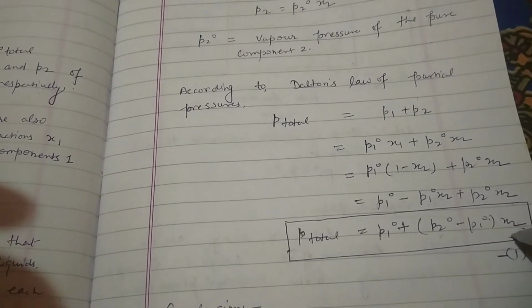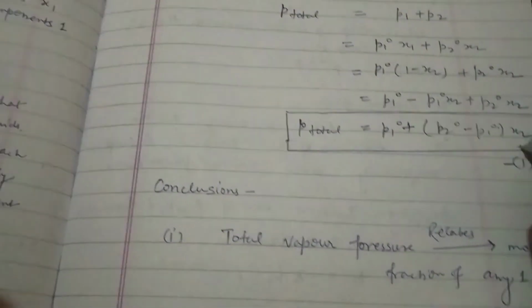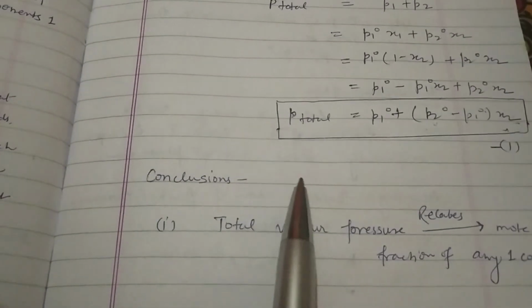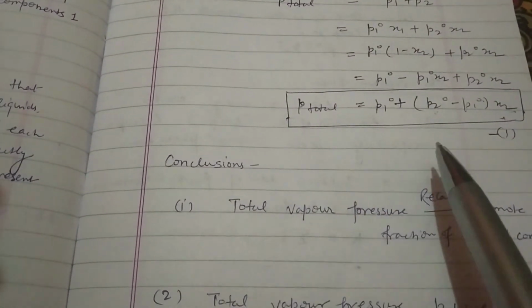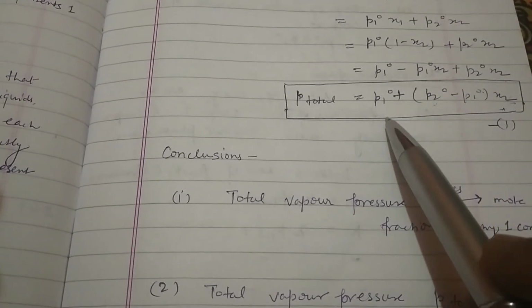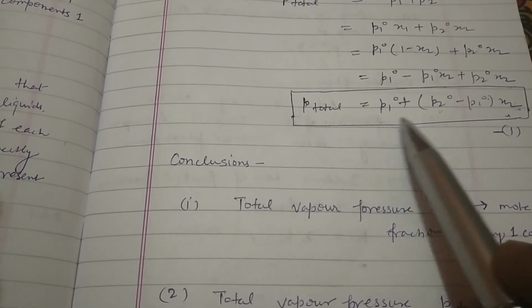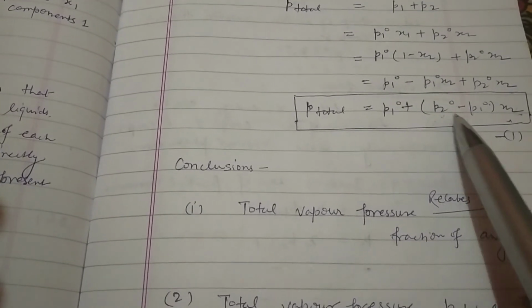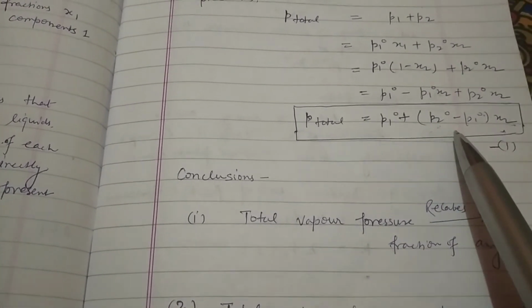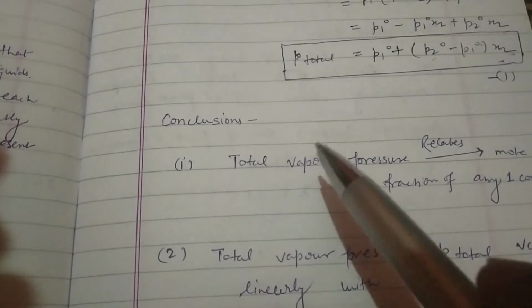This is the formula to find the total pressure of the volatile solution with the help of the partial pressure of component 1, the mole fraction of component 2, and also the partial pressure of component 2.